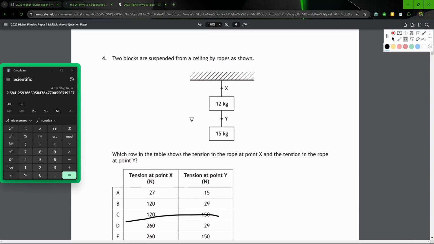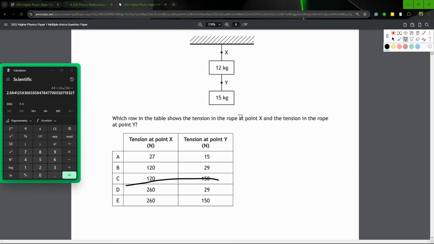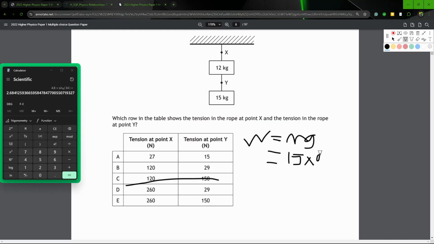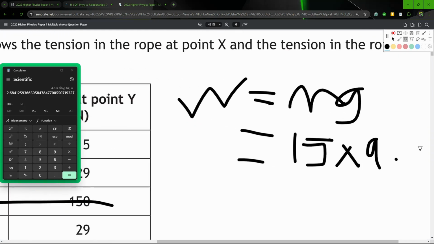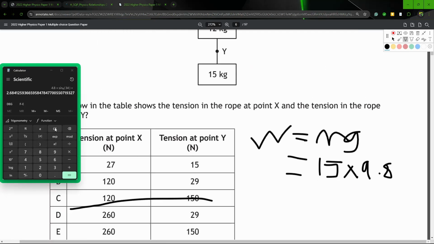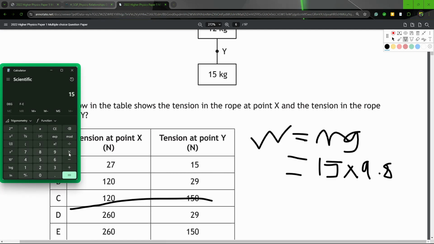So, how are we going to calculate this? Well, Y is just going to feel the effects of the 15 kilogram block, and we're going to assume this is on Earth. If it doesn't tell you it's on another planet, you assume it's on Earth. The gravitational field strength will be 9.8. I'm sorry for my atrocious handwriting. So I'll just quickly calculate that.